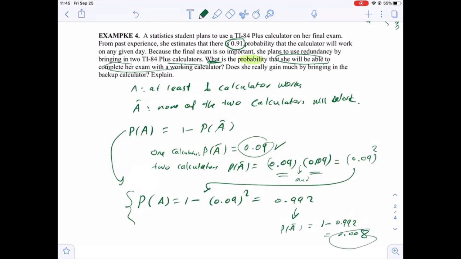For two calculators, the exam is working with this probability, and not working with probability 0.008. That means both calculators will not work.